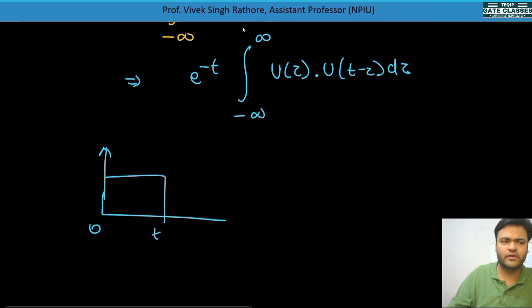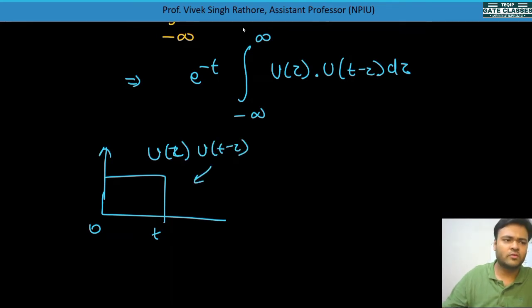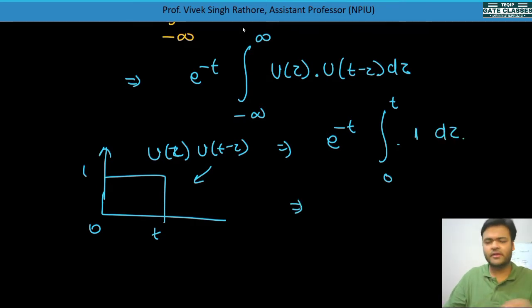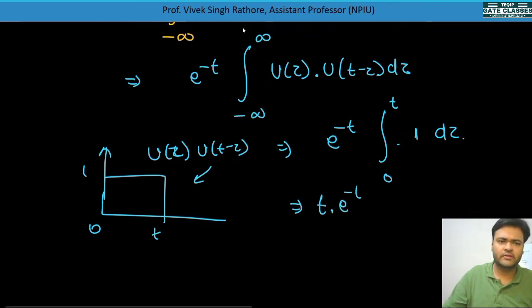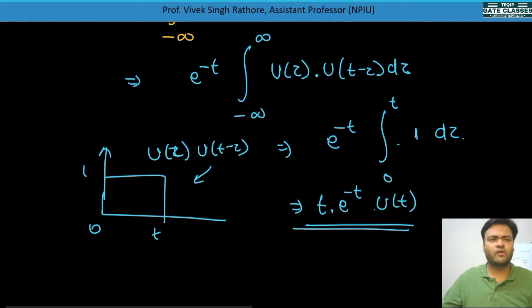So you can put here e to the power minus t, from 0 to t, with value 1, and d tau. So directly you can calculate: the value will come t into e to the power minus t, and this is from 0 to t, so you write u(t). So this is your final output.